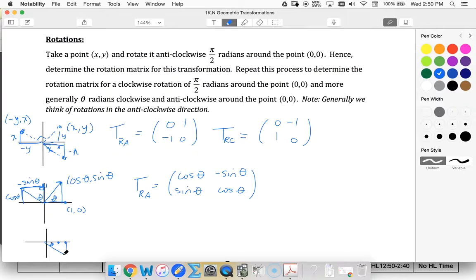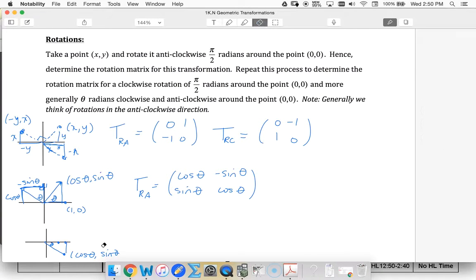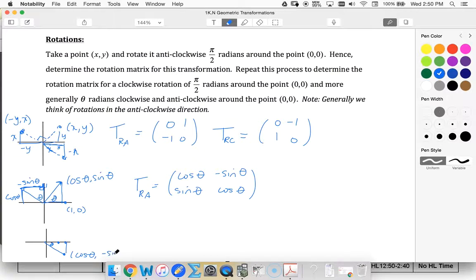Looking at my triangle here, my cosine value is positive, my sine value is negative. Let's move that over. So this is our transformation rotating clockwise. We've got positive cosine value, negative sine value.